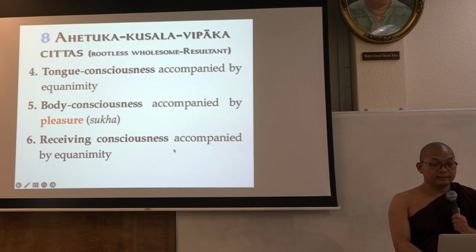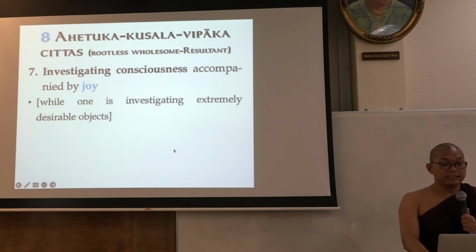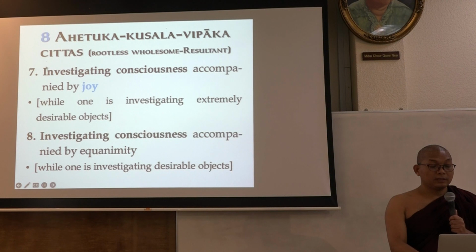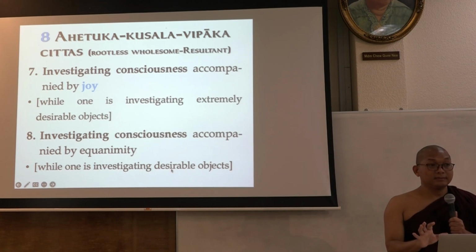Investigating consciousness is divided into two: investigating consciousness accompanied by joy, when the mind investigates an extremely desirable object, and the one accompanied by equanimity, when the mind investigates a normal desirable object.